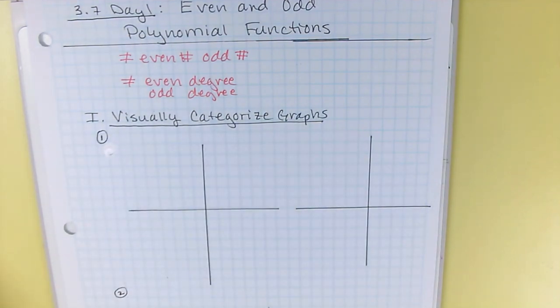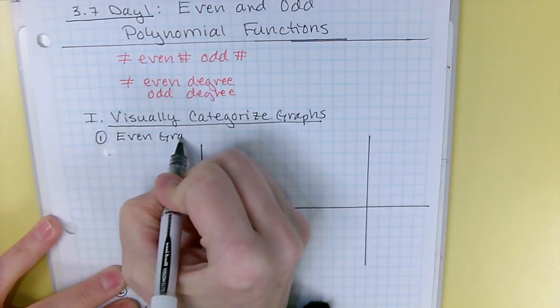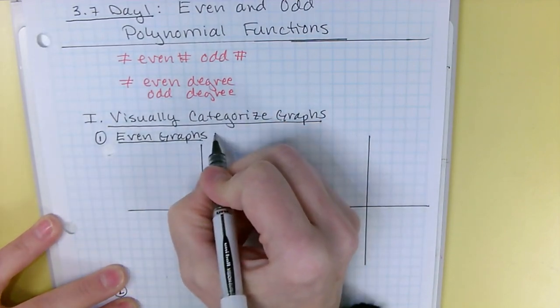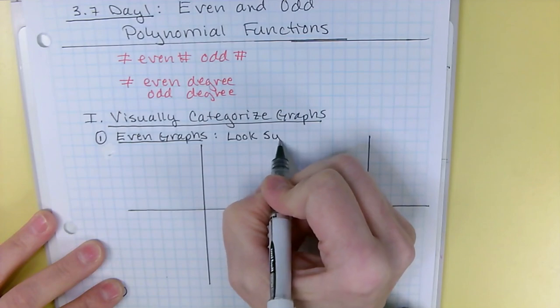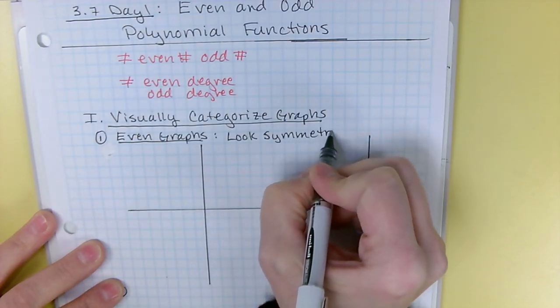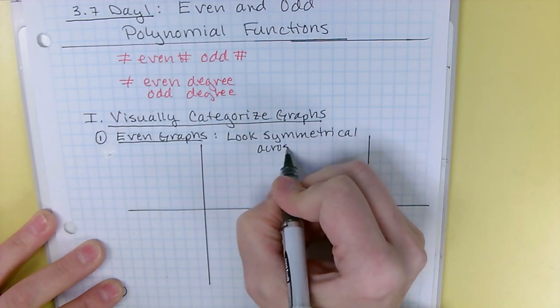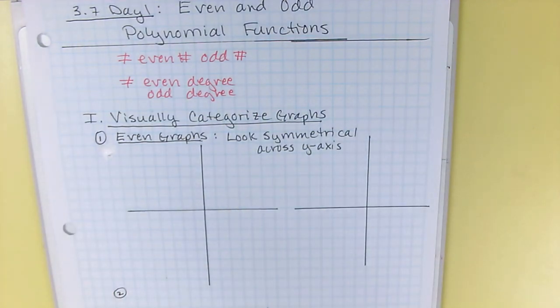Okay, so the first category we have is even graphs. Even graphs look symmetrical across the y-axis. So left to right, they look symmetrical.